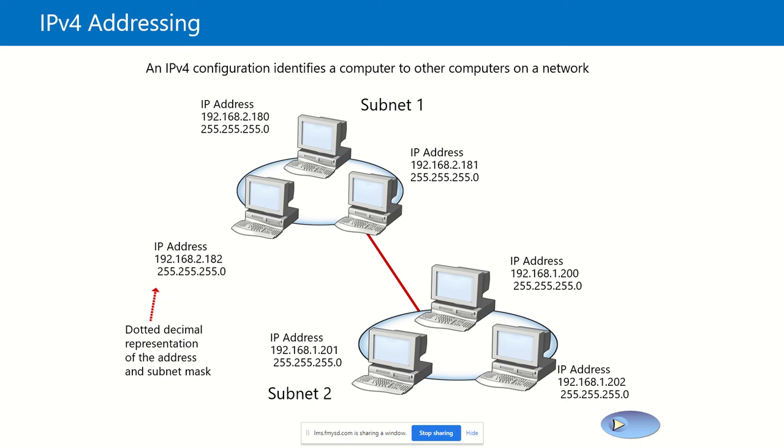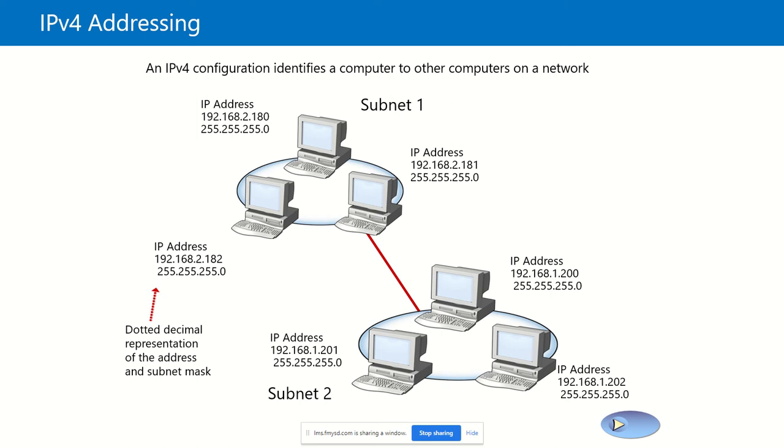Now, let me bring to your knowledge that the network address that has a 1 and the network address that has a 2 cannot easily communicate because they are two different subnets.